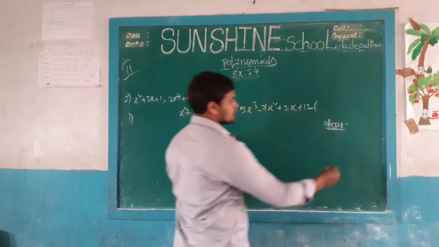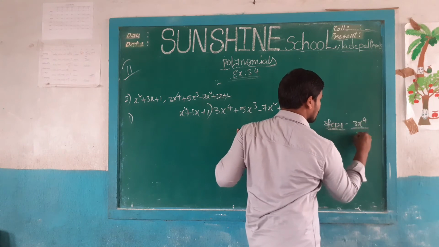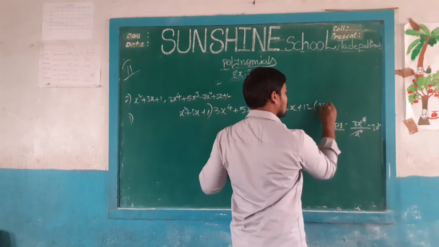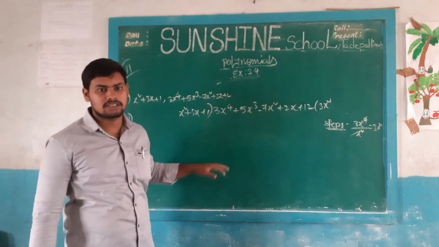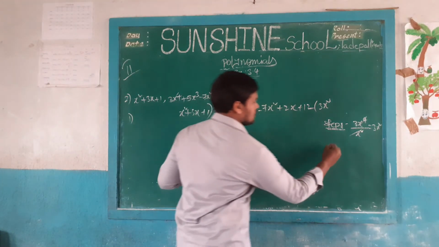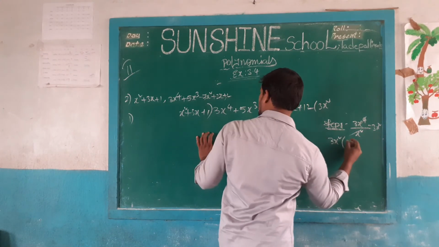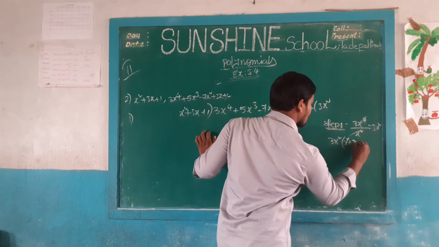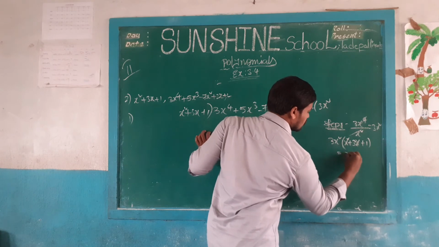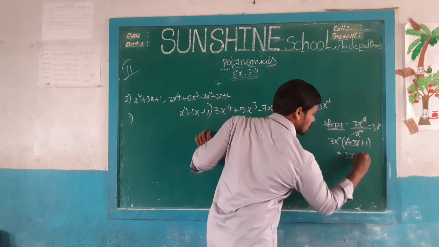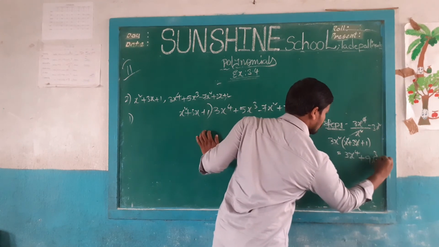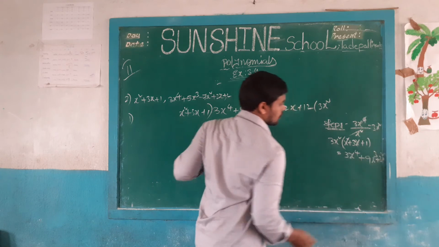3x power 4 divided by x square. X square cancels. Answer is 3x square. Write down the 3x square here. Multiply 3x square with g of x. 3x square into g of x value, x square plus 3x plus 1. 3 into x square into x square is 3x power 4. 3 into 3, 9 x cube, plus 3x square.